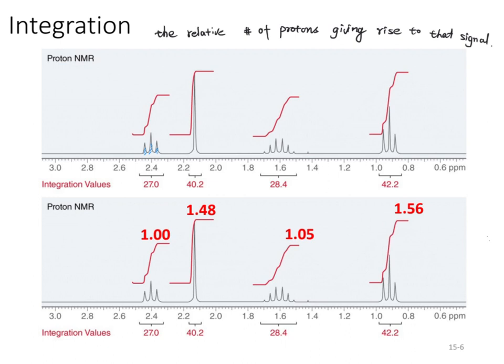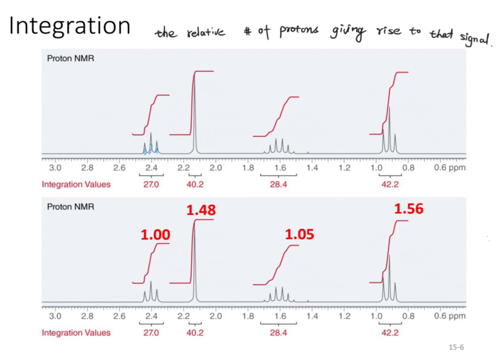So if we are looking at this example here, this is a proton NMR. Usually you will see some lines that look like this, that is the integral. The numbers right here are 27, 40.2, 28.4, and 42.2. That doesn't mean that they absolutely have 27 protons to give this signal, 40 to give this signal.